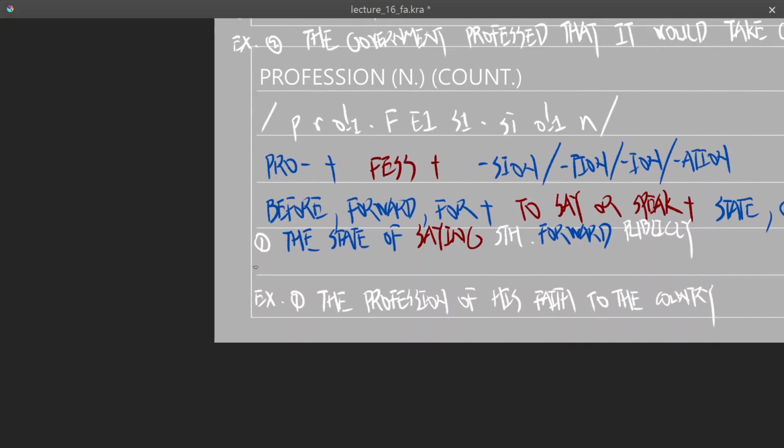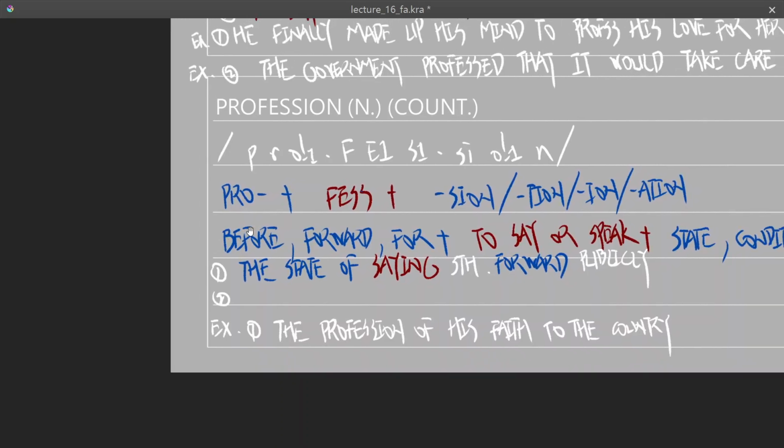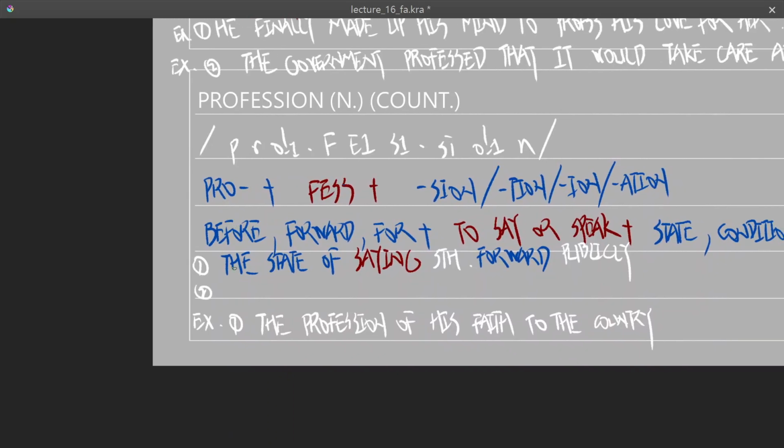And we have the second meaning. It means a type of work or job.